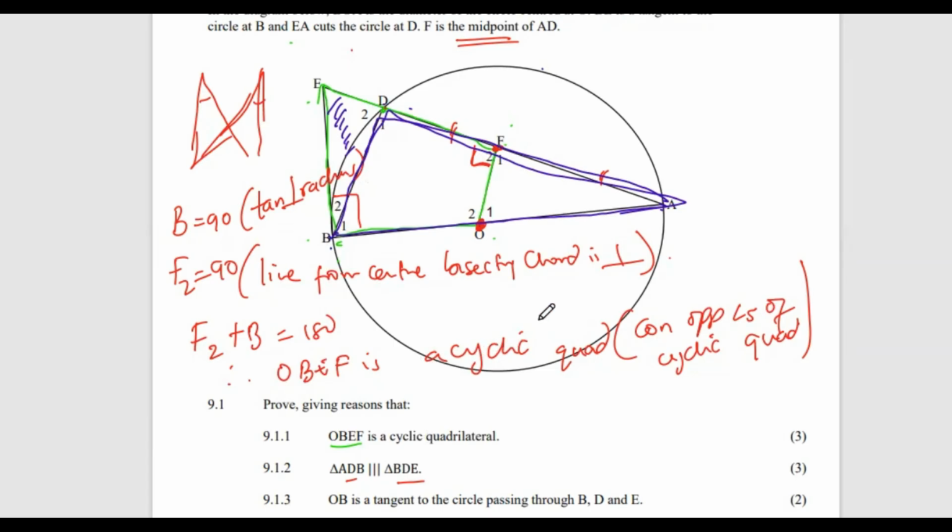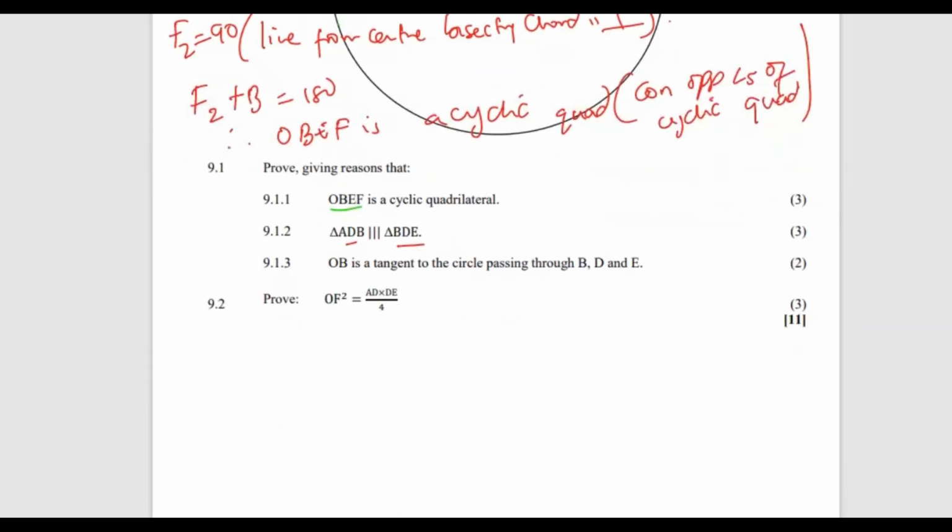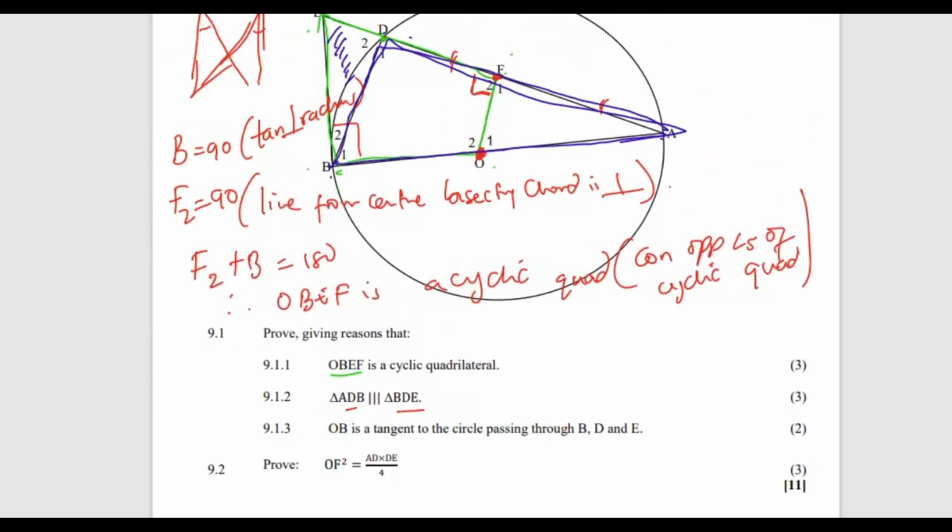When you're proving similarity, just look out for the angles in most cases. So which angles do we see that are going to be the same? I can see from this triangle that D1 is going to be the same as D2, because D1 is a 90 degrees. Why?